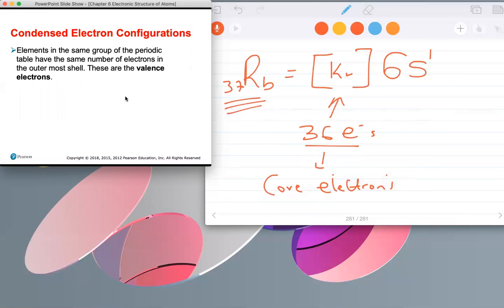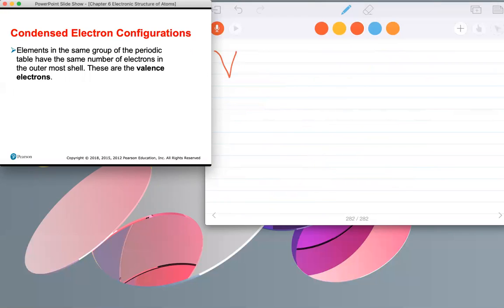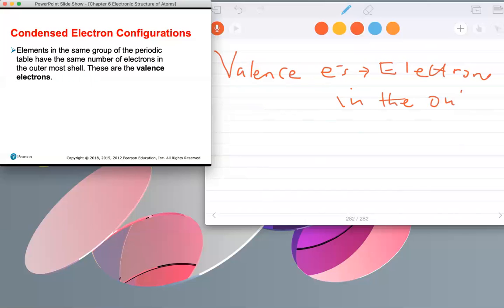Elements in the same group. Valence electrons, these are electrons in the outermost shell. Since we're going to talk about valence electrons in chapters 7 and 8, these are electrons in the outermost shell, or electrons occupying the highest n value.